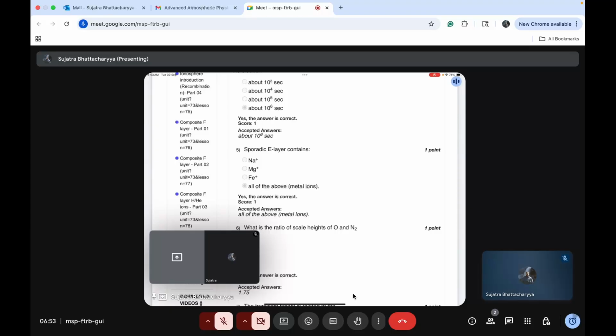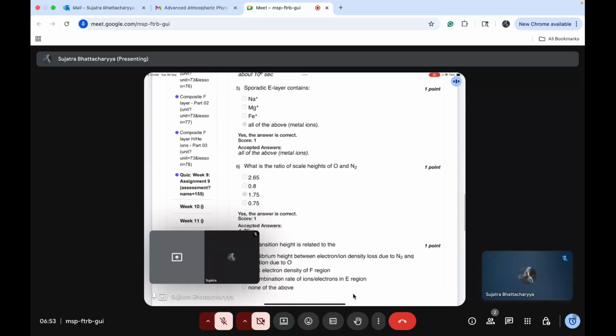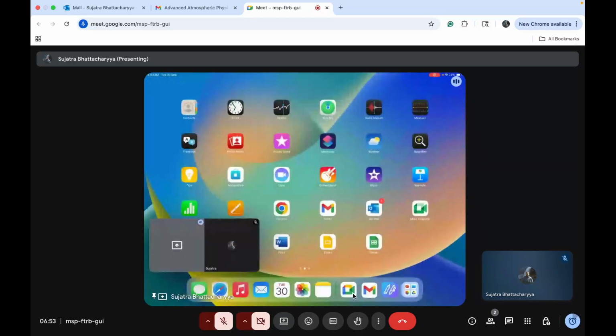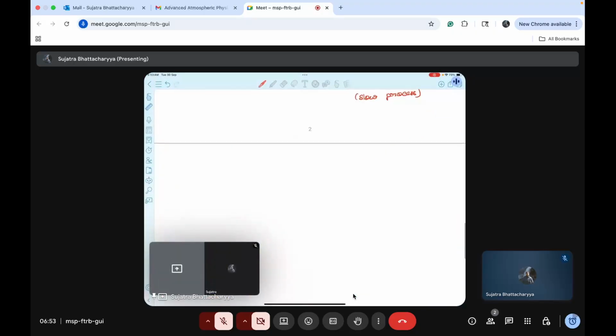So all of the above is the correct answer. Sixth is, what is the ratio of the scale heights of oxygen atom? Remember, this is oxygen atom and nitrogen molecule.